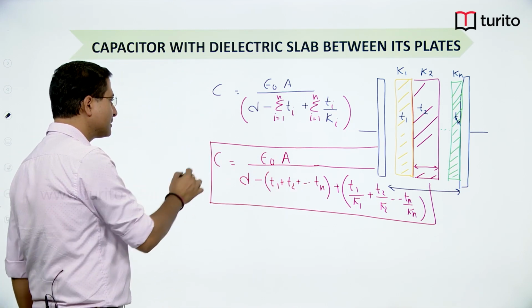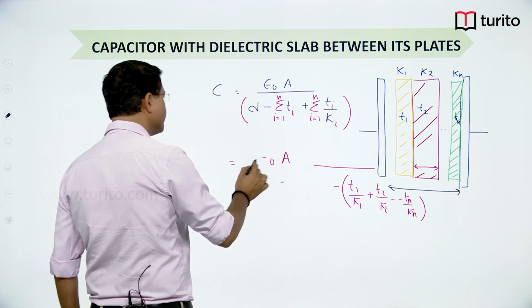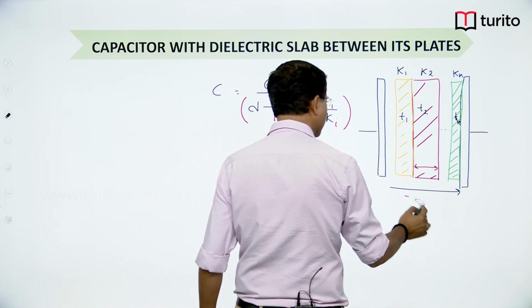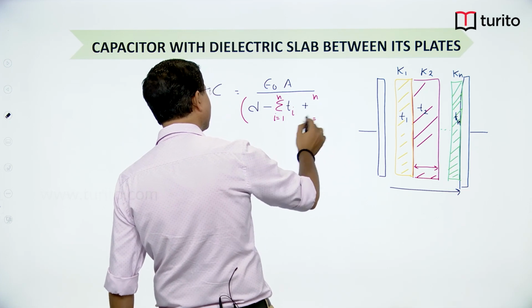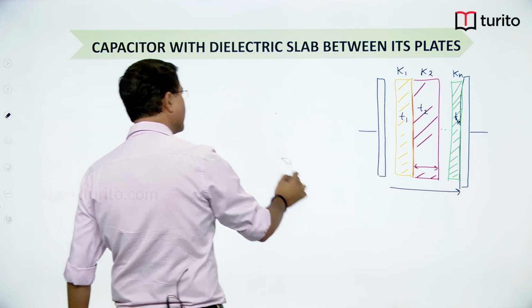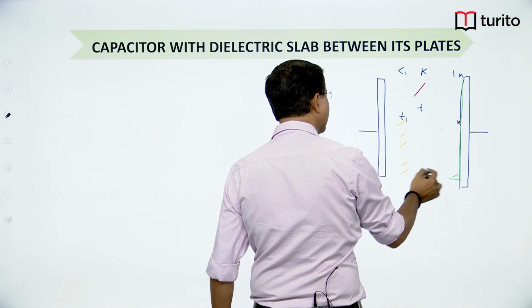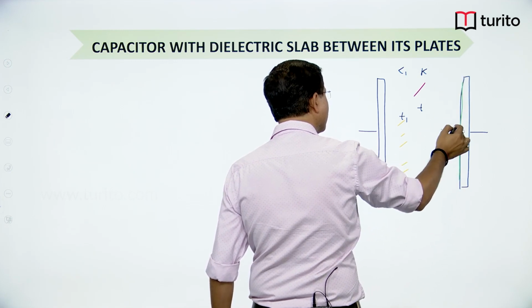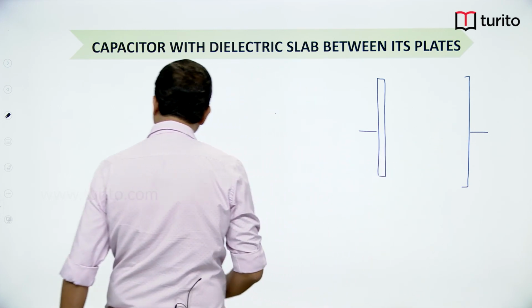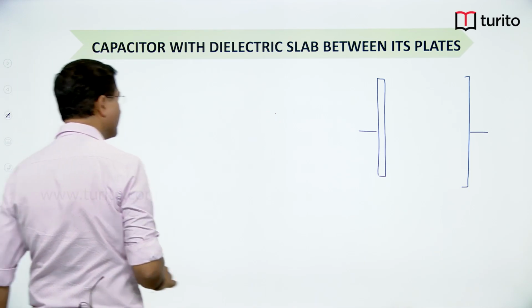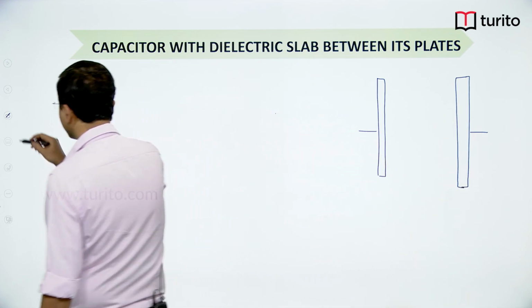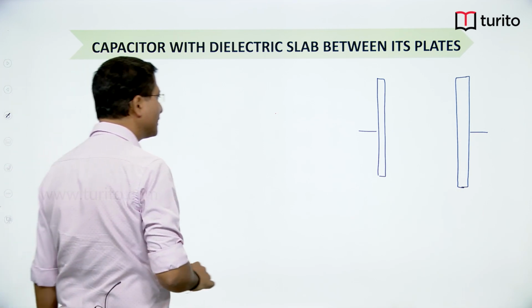So this point is clear, I will erase it. Now what I am doing, I am placing a conducting slab.